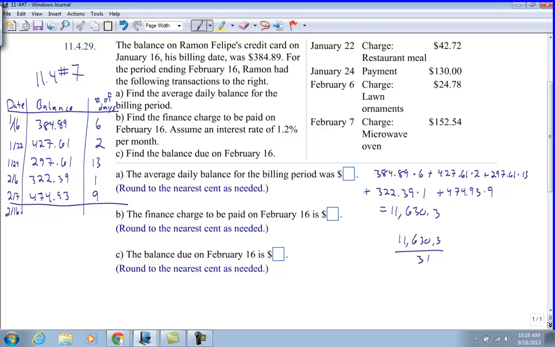That's day 16, and then this would be day 47. So 47 minus 16 would be 31 days. So the average daily balance will be 375.17 if I go to the nearest penny.